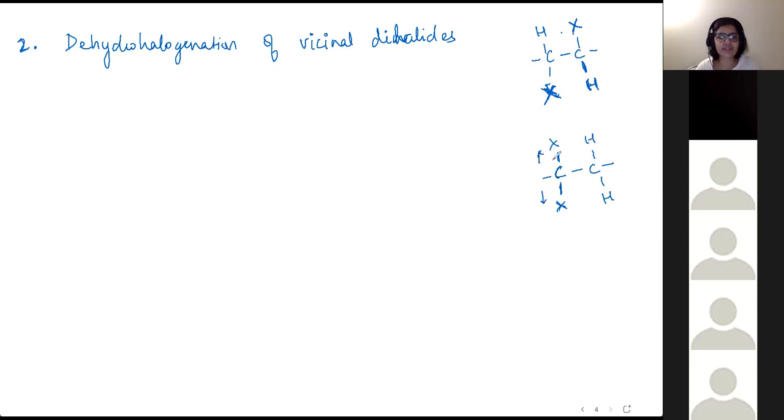So it affects the electron distribution. In this case, the electron distribution between both these carbons is kind of similar, because the halogens are distributed amongst the adjacent carbon atoms. That's why it's preferable to use vicinal as opposed to the geminal dihalides.